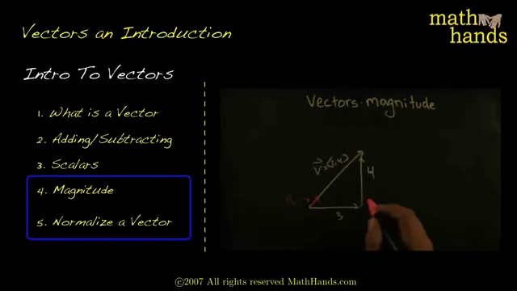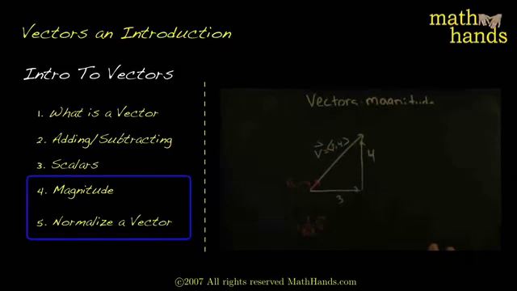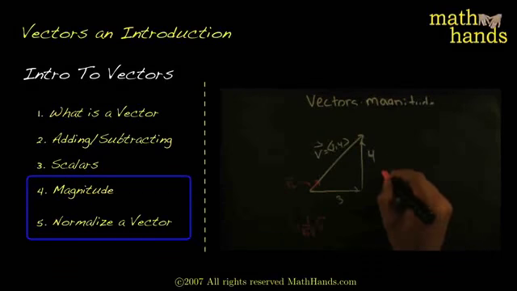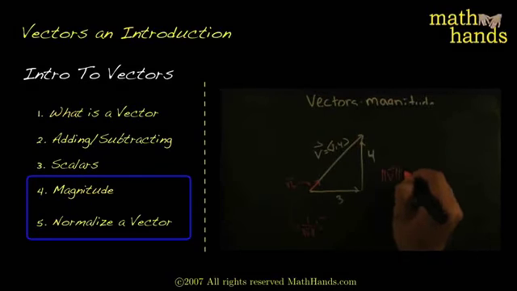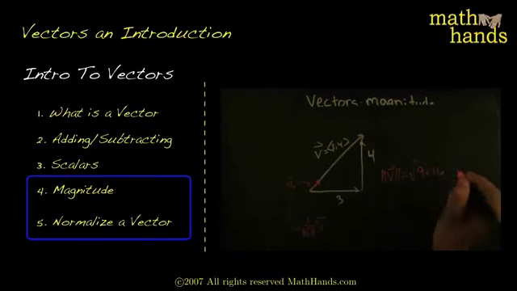Here's what you do. In general, to get this one, all you do is take your v and multiply by this scalar, 1 over its magnitude, just like that. And that will always give you the normalized vector. Let's try it in this case. First, we find the norm of v. How big is it? To do that, we do the square root of 3 squared, which is 9, plus 4 squared, which is 16.